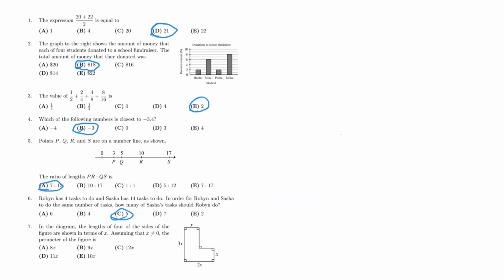Number 7. In the diagram, the lengths of 4 of the sides of the figure are shown in terms of x, assuming that x is not equal to 0. The perimeter of the figure is... For a shape like this one, the perimeter is the length 2x plus the width 3x, times 2.